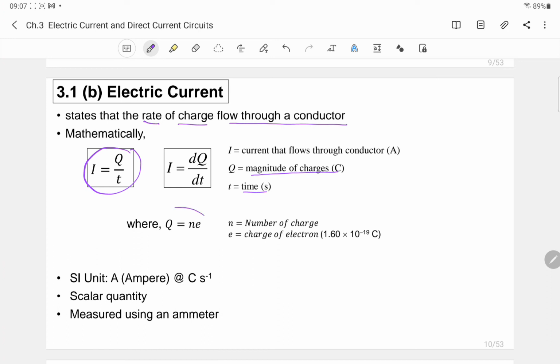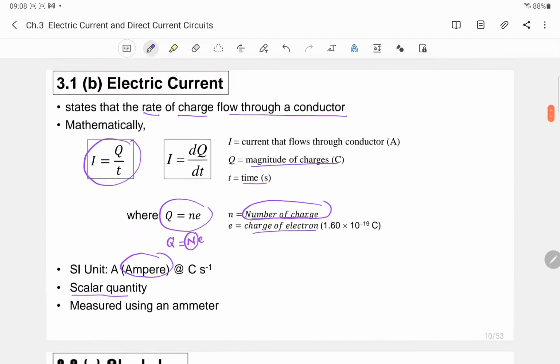And then we also have Q is equal to NE, where N is the number of charge and E is the charge of electron. Remember that the small n or capital N is all the same, where N is the number of charge. The unit is ampere. It is a scalar quantity measured by ammeter.